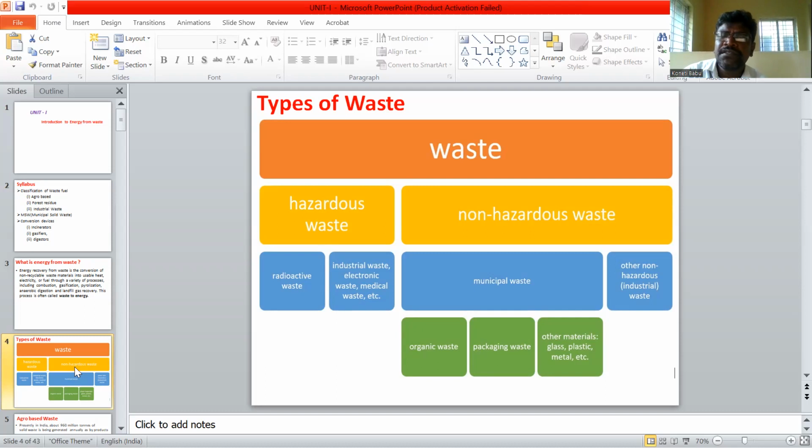Non-hazardous waste includes municipal waste and other non-industrial, non-hazardous industrial waste. This municipal waste includes organic waste, packing waste, and other materials such as glass, plastic, metals, etc. Generally, hazardous and non-hazardous waste are classified in this way.